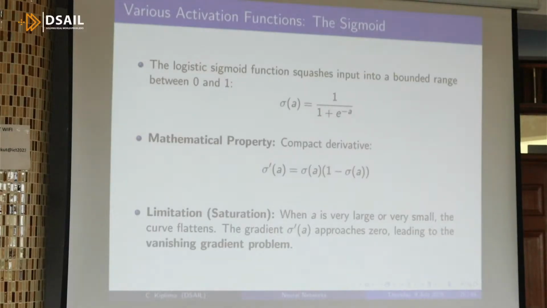The gradient sigma prime approaches 0, leading to the vanishing gradient problem. Just look at this function, at this derivative here. What happens when sigma of A is 1?